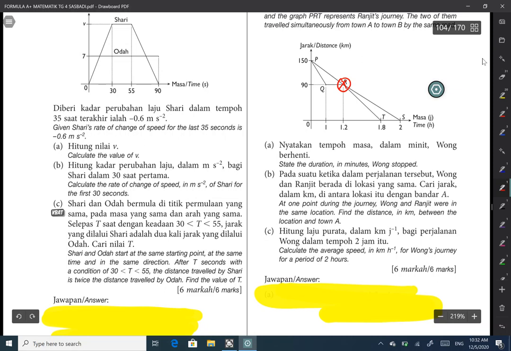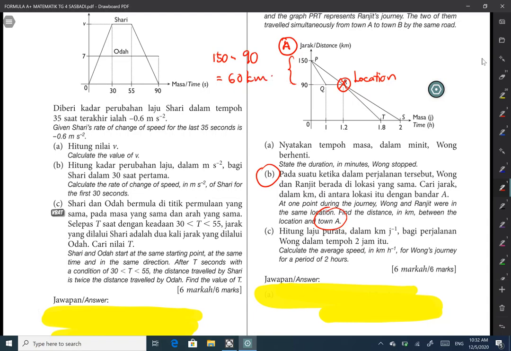They meet at this point. So I want to know the distance from here. So the distance is 150 minus 90 because I want to know from town A the distance to the location. This is the location. So it is equal to 60 kilometers.